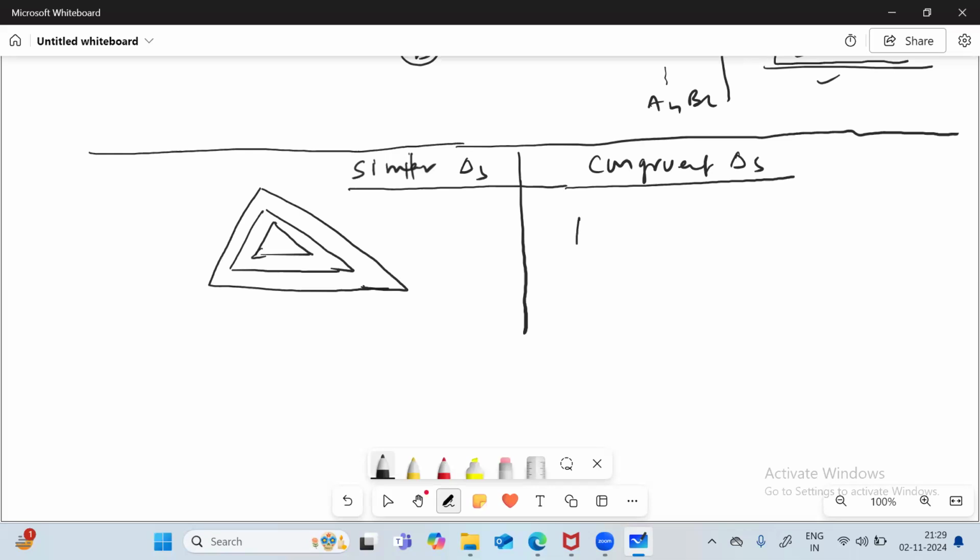And congruent triangles are those which are the same in all measurements, even in size. So similarity with equal sides, similarity with equal size or equality, whatever you call it, is congruent triangles.